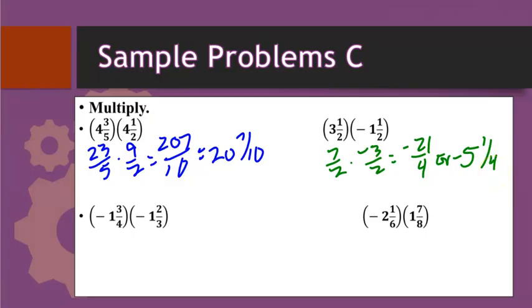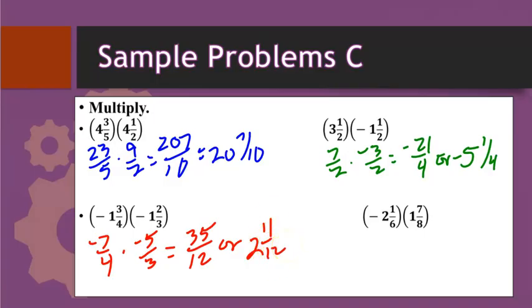Next we got -4 plus 3 is -7/4 times -3 plus -2 is -5/3. So this is going to give us 35/12. Or we can put it as a mixed number, which would be 2. And 2 times 12 is 24. 35 minus 24 gives us 11. So this would be 2 11/12.